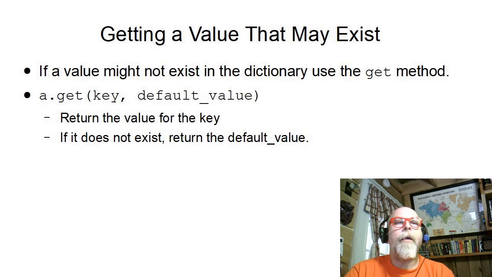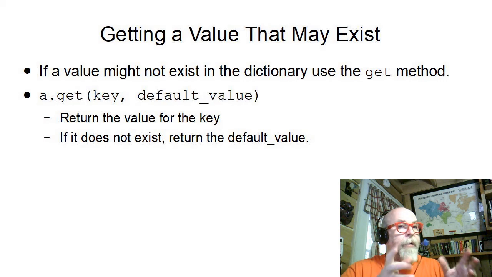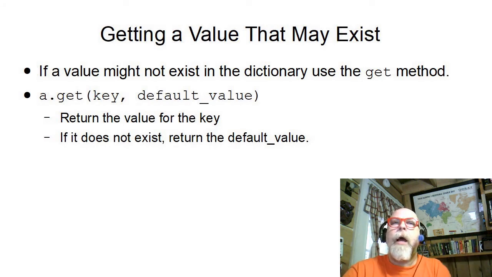Now, if you try to extract a value from a dictionary using the indexing operator and the key doesn't exist, you will get an error. It will throw an error and your program will stop operating unless you use a try-catch, and we'll see that in a future video. The way to get around that is to use the get method of the dictionary.